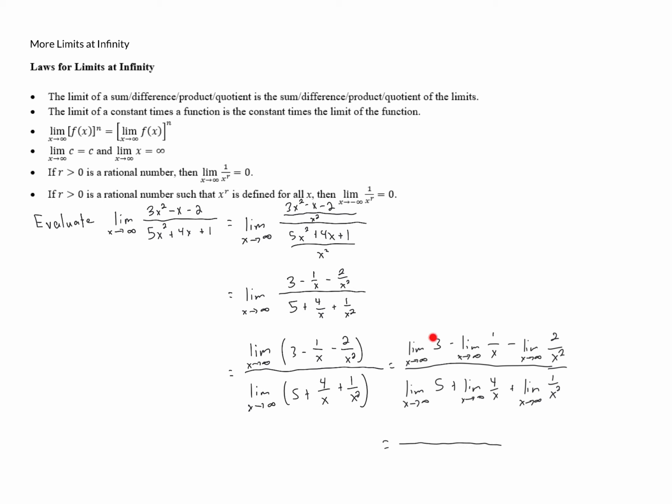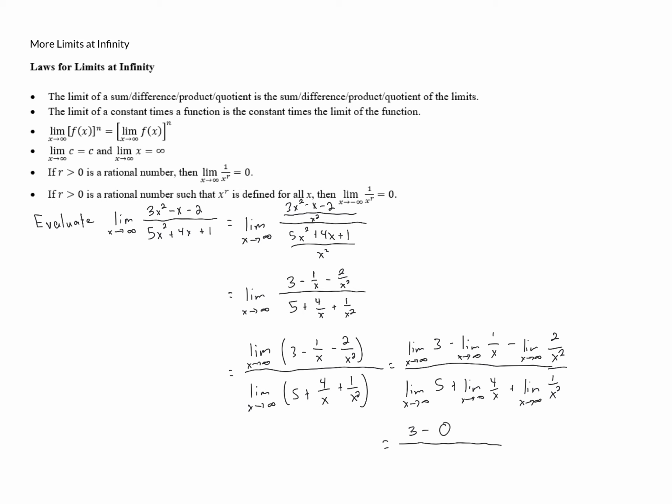The limit of a constant as x approaches infinity is just that constant. So that first term is going to be 3. And then minus, if we look at 1 over x, that falls under this rule. That's 1 over x to the first. And so that limit is 0.